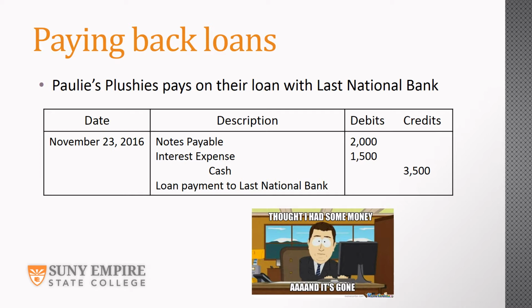Therefore, there are actually two accounts debited: interest expense and notes payable. The notes payable reflects the portion of the payment that actually goes toward the principal of the loan. The credited account is cash. The description explains the destination of and reason for the payment.